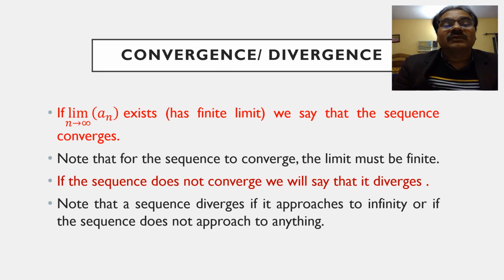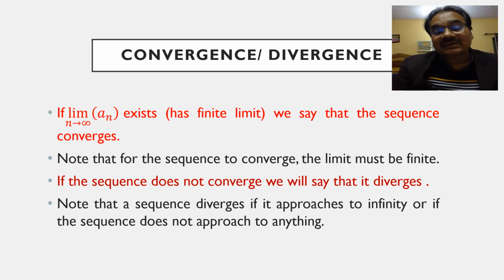Now there is one important aspect, that is convergence or divergence. If the limit as n tends to infinity of an exists, meaning it has a finite limit, then we say that the sequence converges. Note that for the sequence to converge, the limit must be finite.